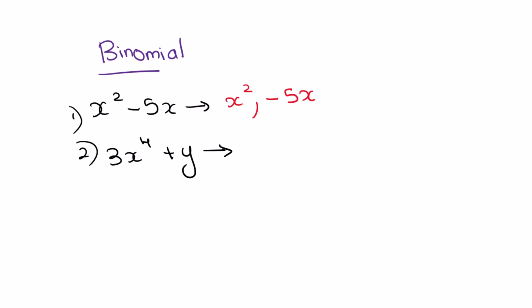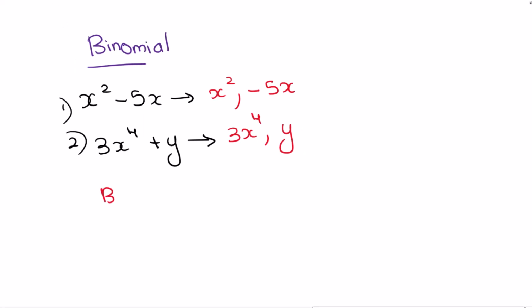This is also made up of 2 terms, which are 3x to the power 4, comma, y. Bi means 2. And this can be clearly seen in the above expressions, which consist only of 2 terms.